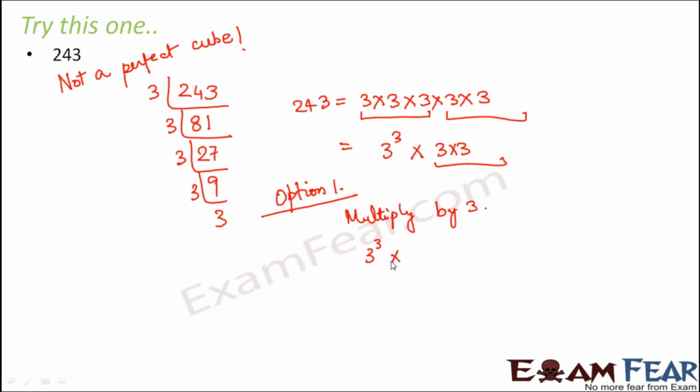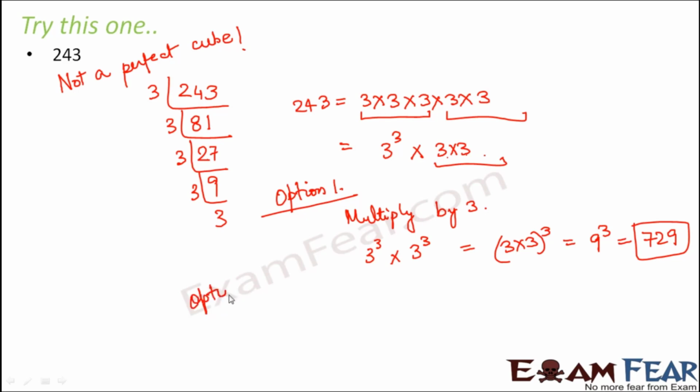It will become 3 cube into 3 into 3 into 3, so that is into 3 cube. So this would be 3 into 3 cube, that is 9 cube. So if you multiply this number by 3, you would get 9 cube, which is 729. So 729 is definitely a perfect cube because it is cube of 9. So that is one option to reach the nearest perfect cube.